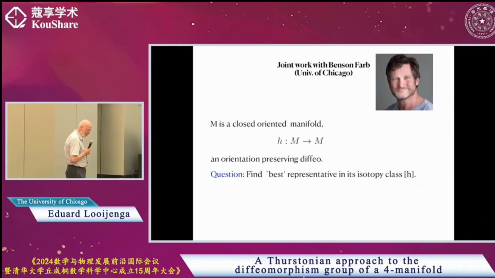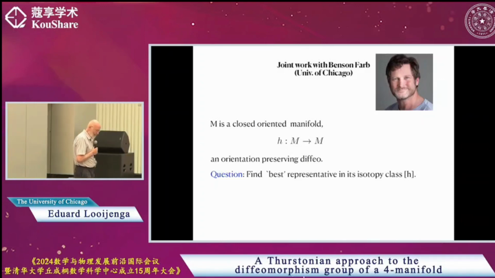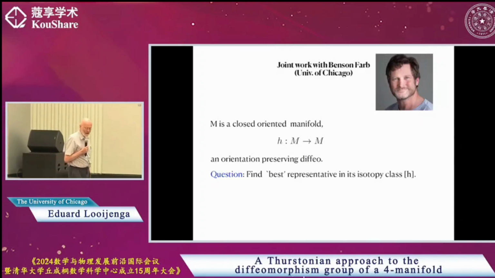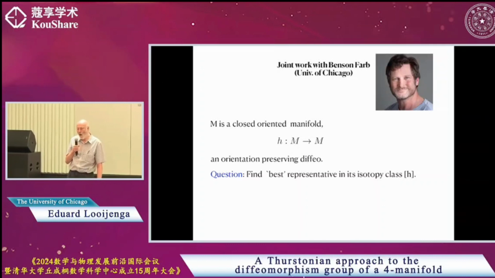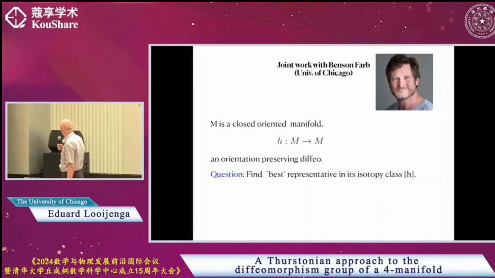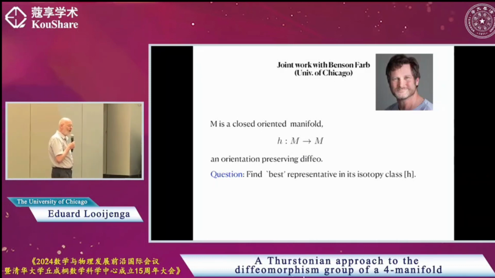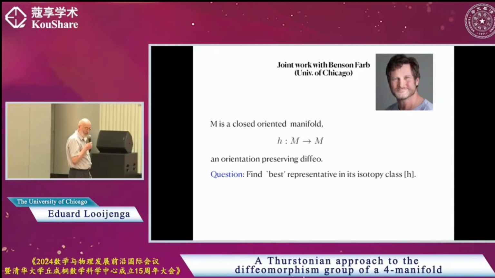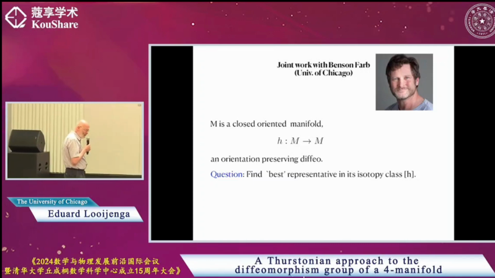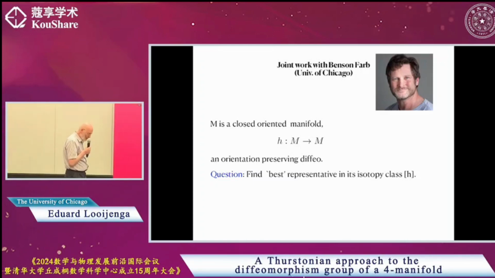This work of Thurston refers to the following problem. You take a closed, oriented, connected surface, so that's completely given by its genus, and then you take an orientation-preserving diffeomorphism, but what you are really given is not this diffeomorphism, but rather its isotopic class.